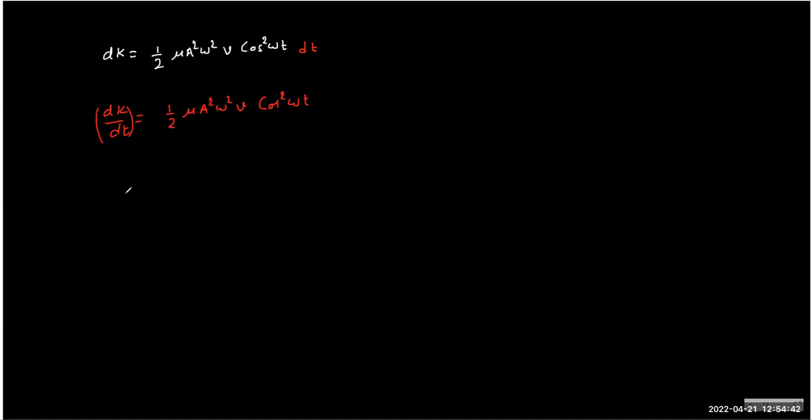This is basically called the power, because the rate of energy flow is power. We can call it kinetic power, and the formula is 1 by 2 mu a square omega square v into cos square. I would like to know the average kinetic power. What is the average value of kinetic power?